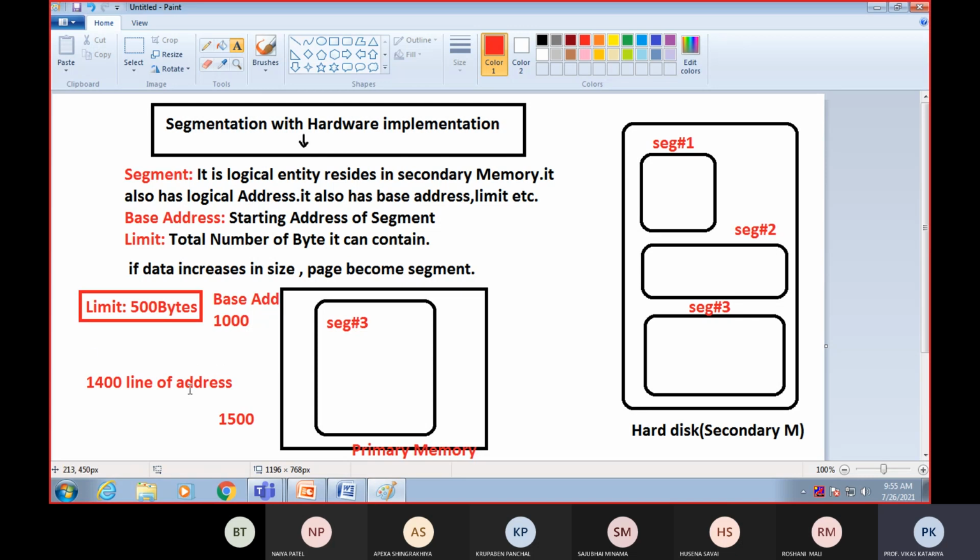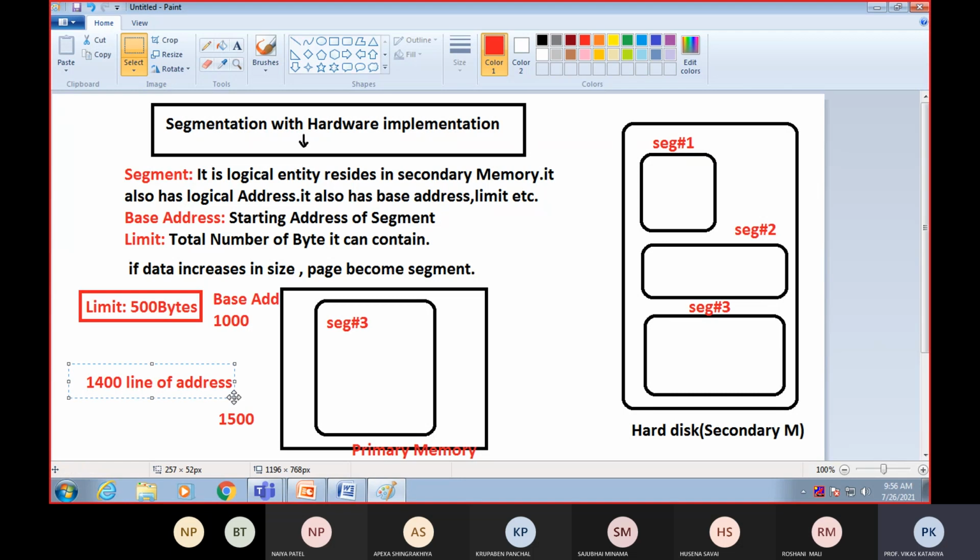As soon as the physical address is generated, the line stored at address 1400 will be read or written, whatever operation is performed by the user. Maybe it performs a read operation. So the operating system will not trap in this case. It will generate the proper physical address for line number 1400.